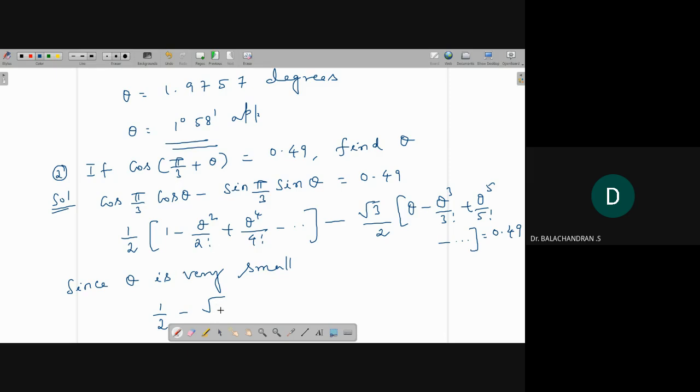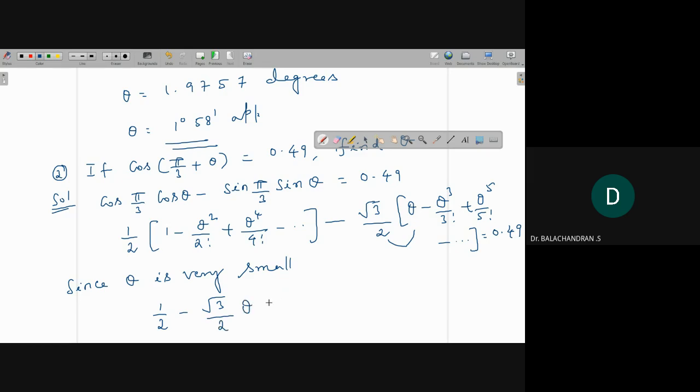So 1 by 2 minus, if I multiply these two, root 3 by 2 into theta equals 0.49. Now I'm going to write the theta terms on one side and the constant term on the other side.